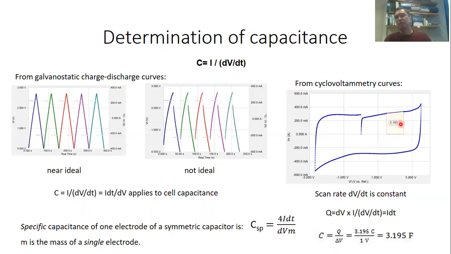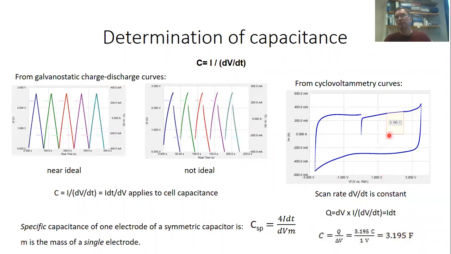That gives you the number of coulombs which are being stored, and then you only need to divide the number of coulombs by the voltage difference, which in this case would be just the voltage difference between this point and that point here, which in our example shall be 1 volt, in order to give the capacitance.